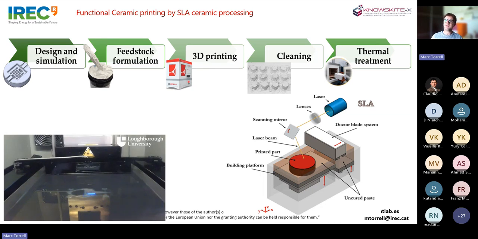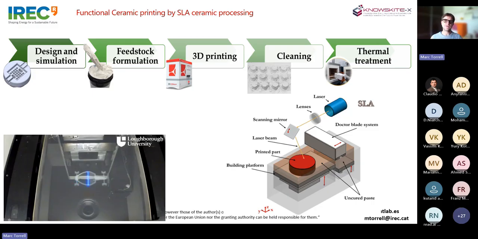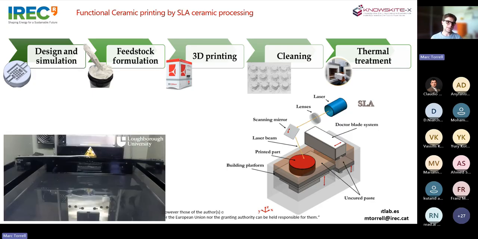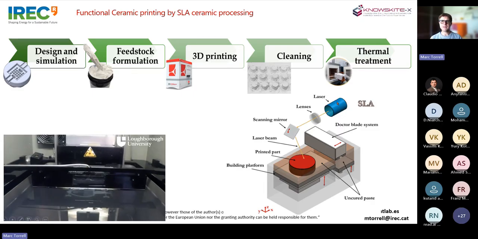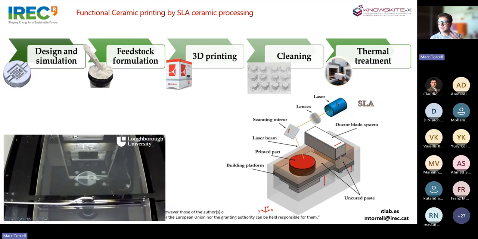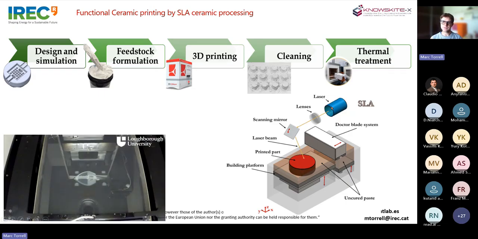Of course, after the debinding, what we have is, let's say, a sandcastle. We have just the ceramic, but it's not densified. And then we have another thermal treatment, the sintering itself, where we achieve the final densification of our pieces, achieving densities of 98-99% on these electrolytes.